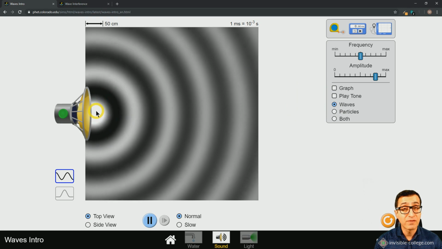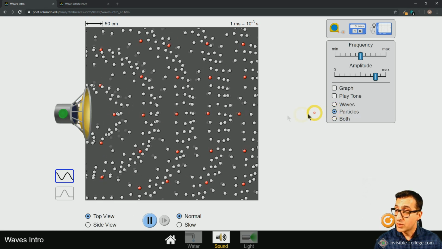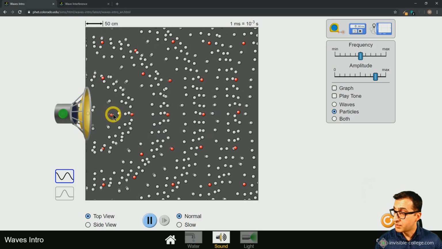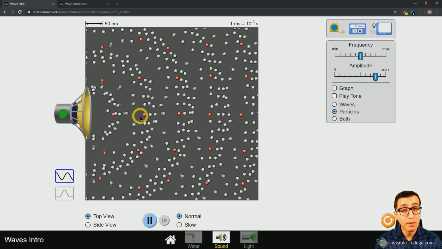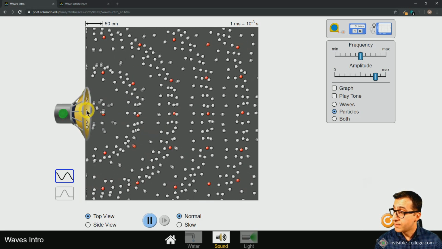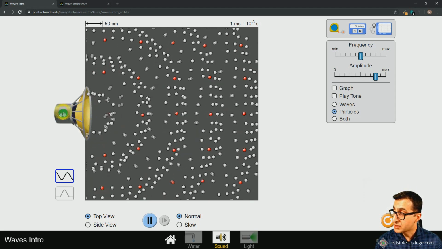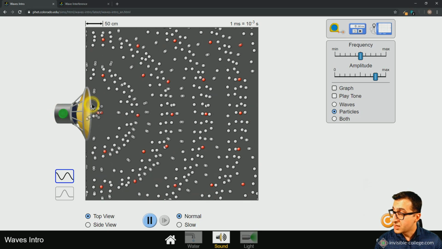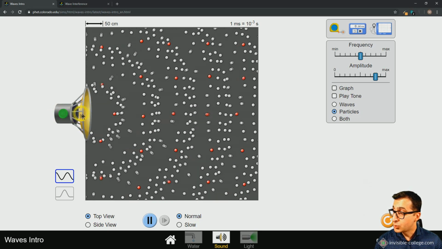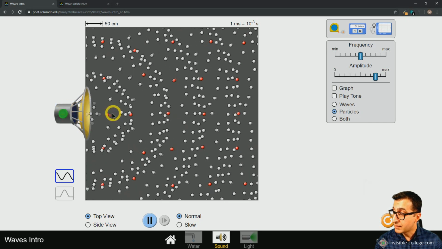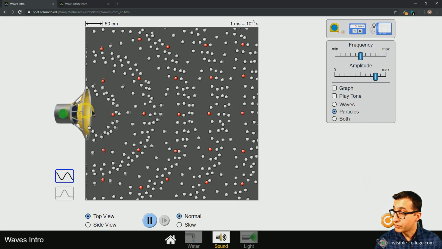So if we imagine this sound wave is traveling through air, and we could see the particles of air, some of these particles have been given a red color so that you can follow their motion more closely. So we see here, as the loudspeaker cone vibrates backwards and forwards, it causes the air particles to cluster together, to become closer together when it moves forwards, and move further apart from each other as it moves backwards.